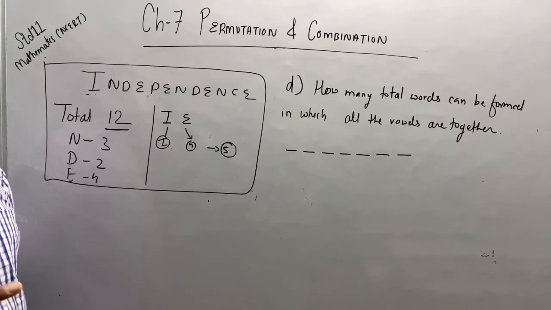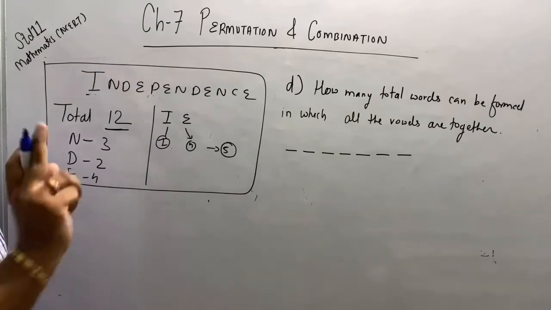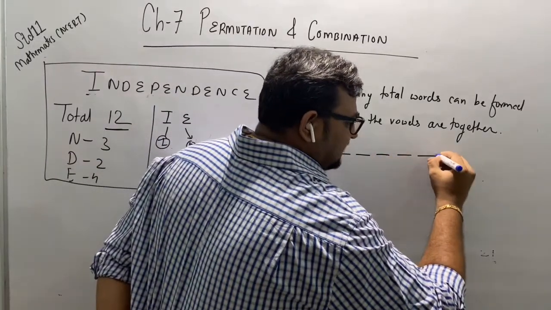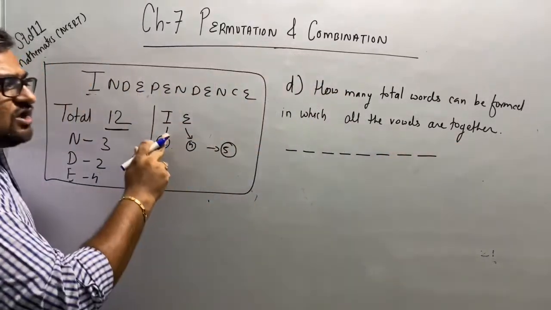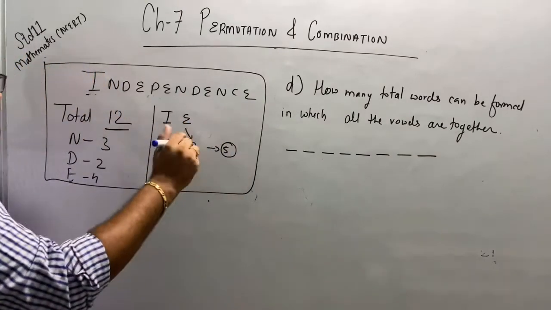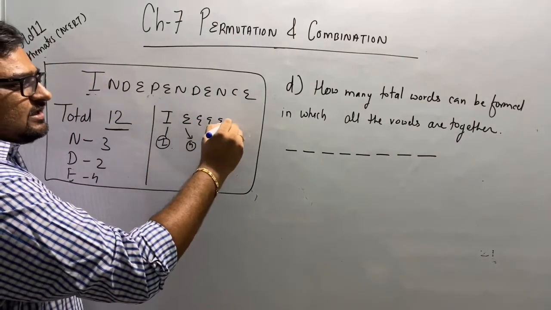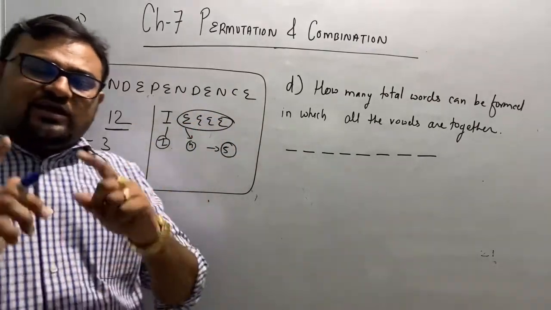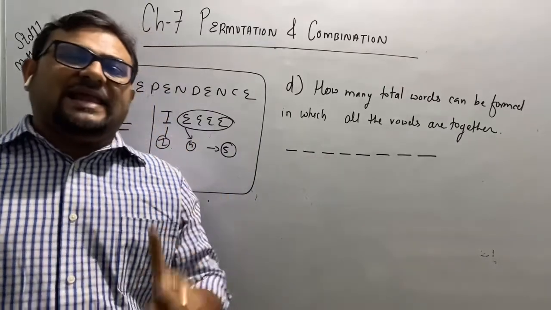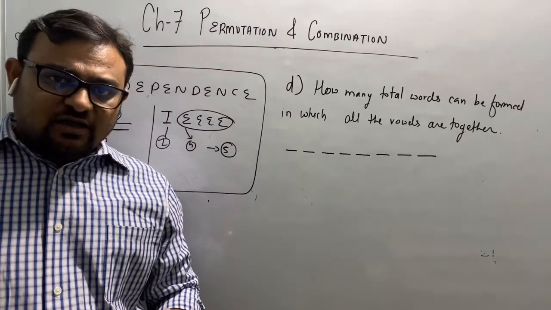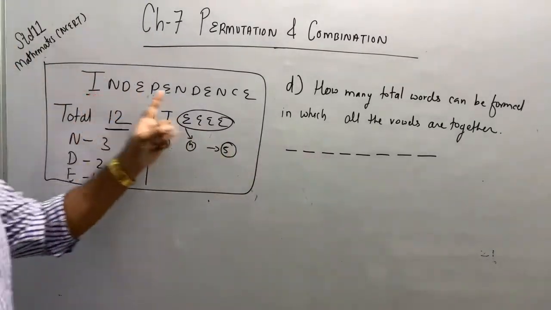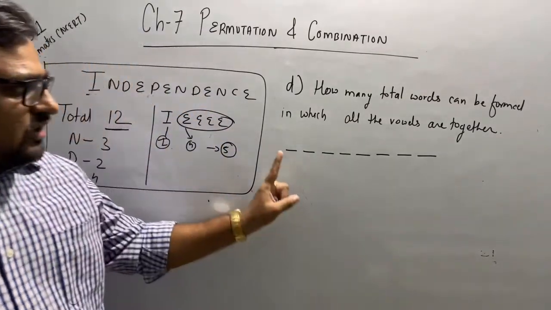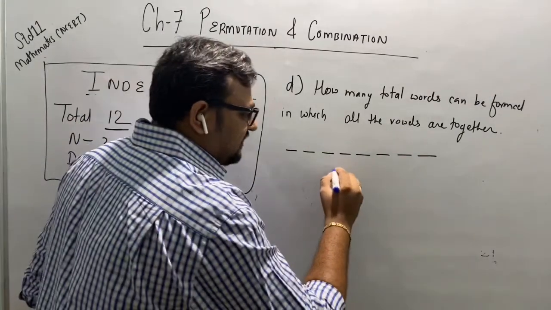Now from these 7, we also have to put one more place. And what is this one more place? For all these five, I, E, E, E, E, all these five I will put in one place. Clear? So seven places for all others and one place is for the vowels. So total eight. 8 factorial.